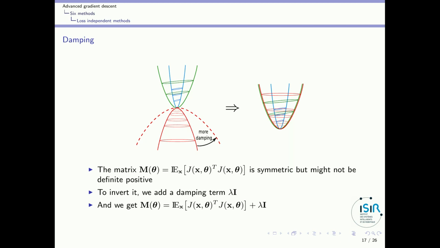So the idea is that we will add a damping term lambda times identity, and the greater the lambda you apply to the negative directions, in fact, when you apply it to the negative dimensions, they will slowly become positive. So if you take a lambda that is large enough, finally you will get something where in all dimensions the approximation is positive. So finally we define M of theta as this term plus lambda times identity, and we take lambda as small as possible until the matrix becomes SPD.